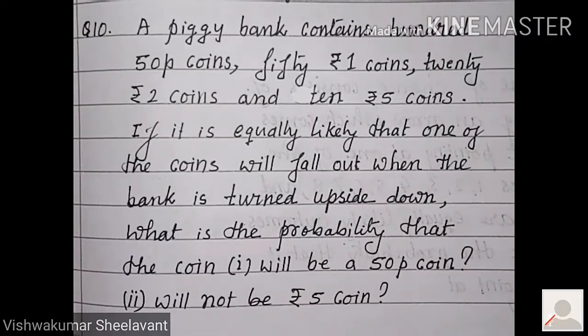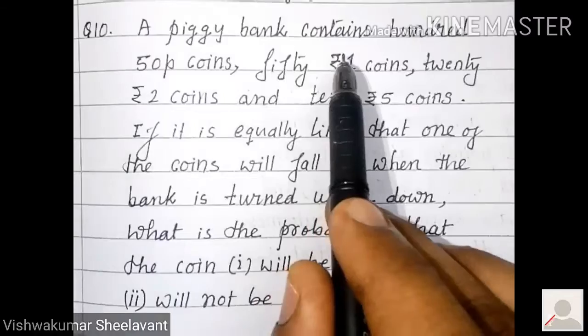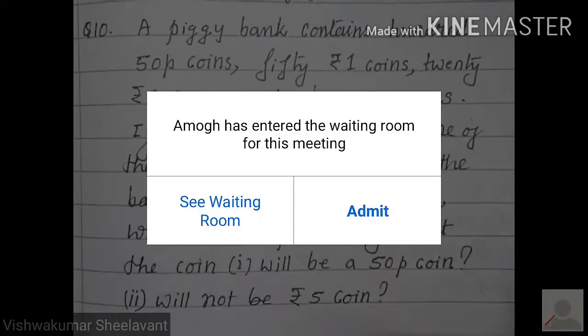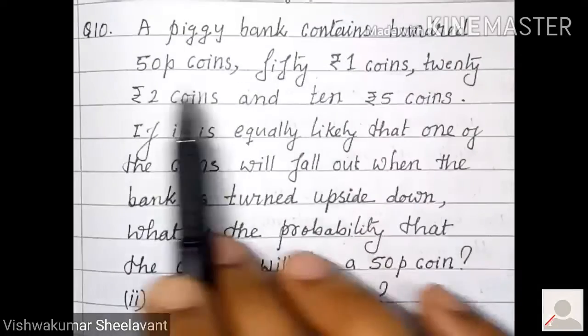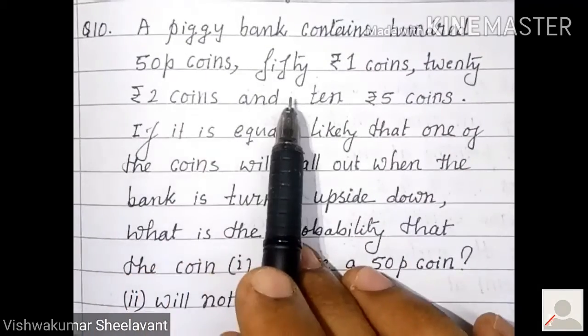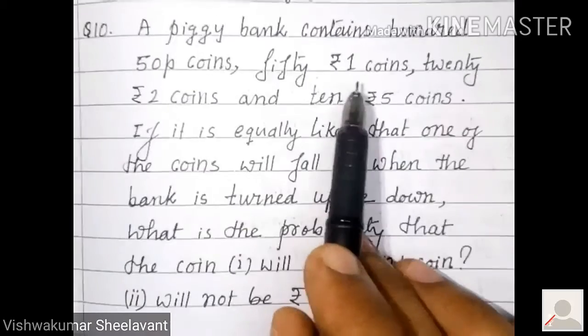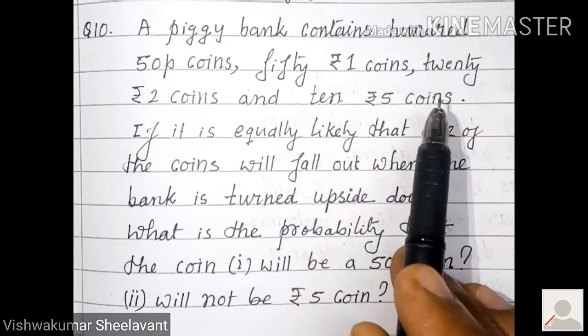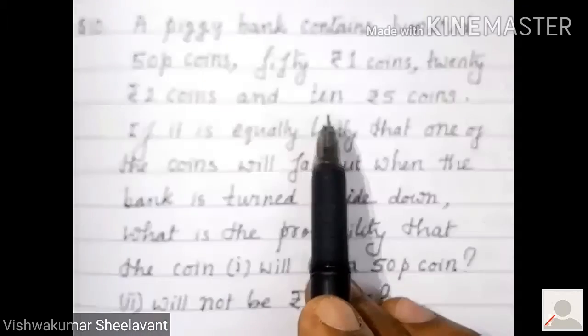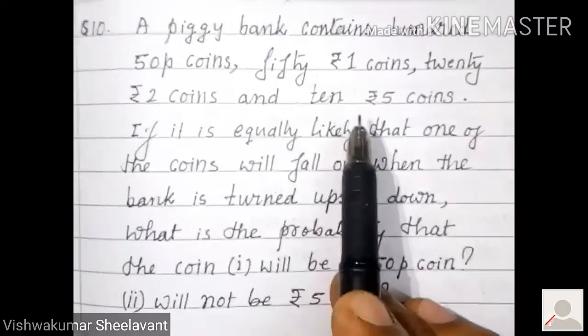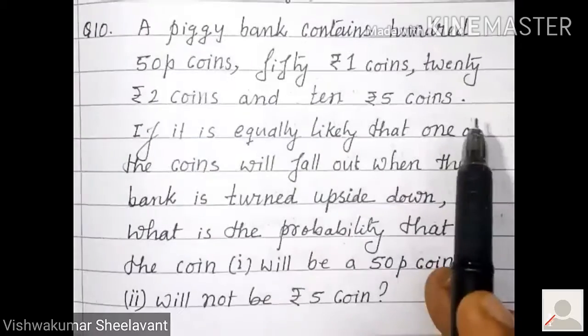Now here is a question on piggy bank. That is question number 10. A piggy bank contains 100 50 paise coins, 50 rupee 1 coins, 20 rupee 2 coins, and 10 rupee 5 coins.